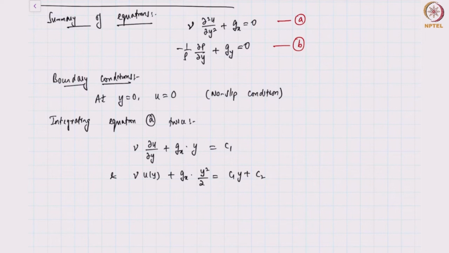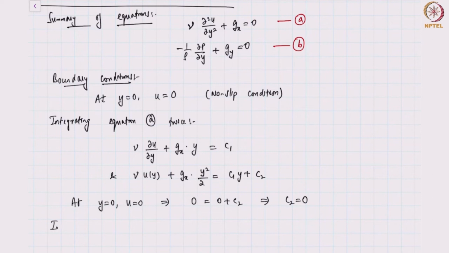I have these two conditions. I have to determine these two constants. Let's look at the first condition. Zero, and therefore I have the left hand side is 0, the right hand side is 0 plus C2, therefore C2 is 0.